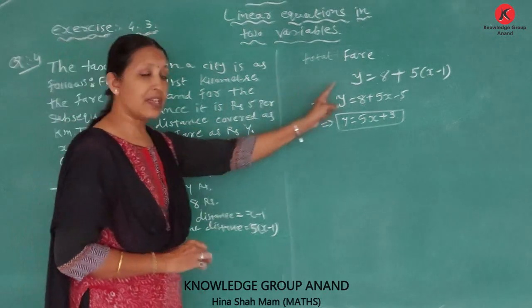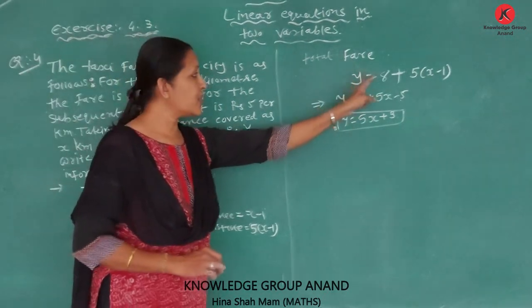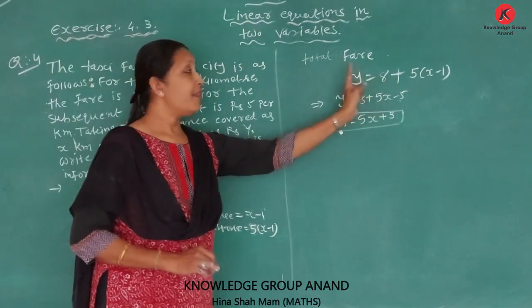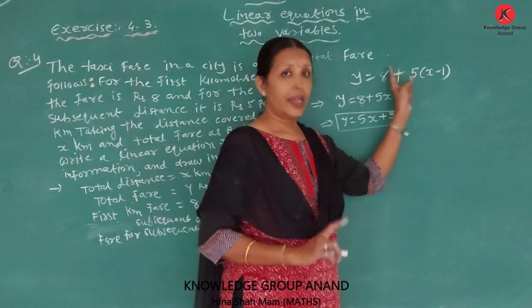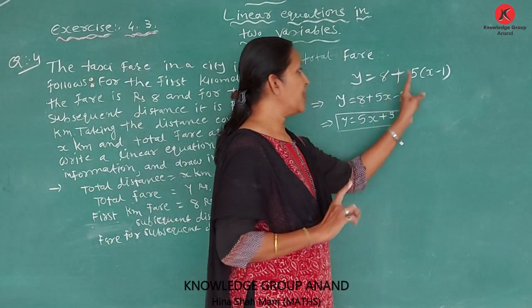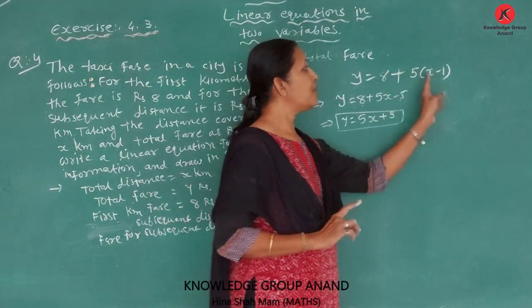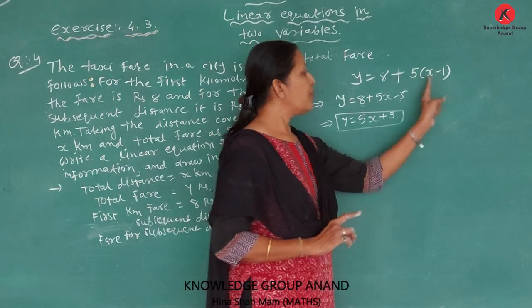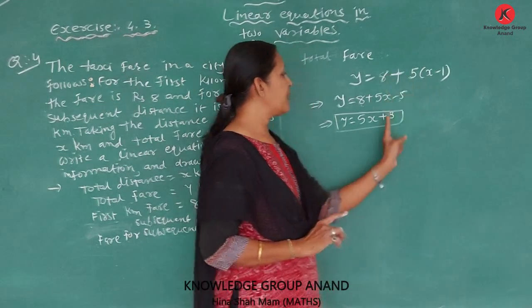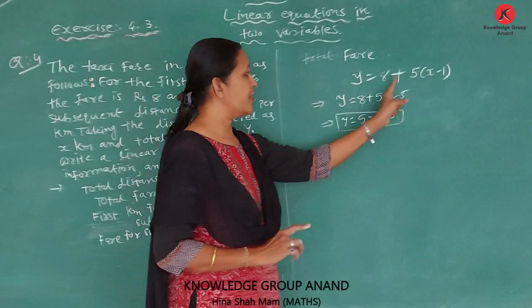Okay, total fare is equal to y. For the first kilometer, it is given 8 rupees, and 5 rupees for the second kilometer: 2 minus 1 is 1, 5 ones are 5. Therefore, we have 13 rupees.